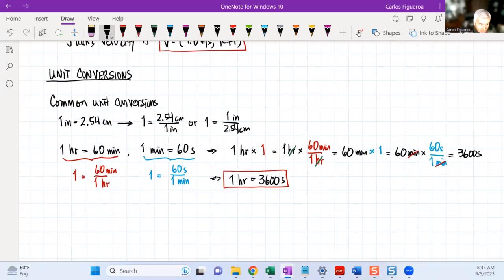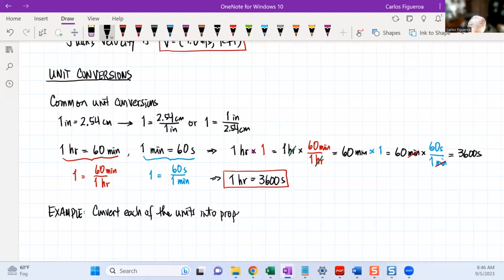The first thing I want to do is, as an example, convert each of these units into proper metric units of meters and seconds.